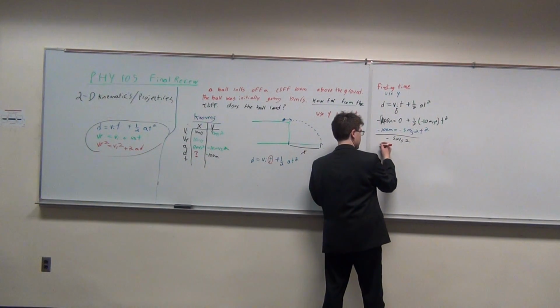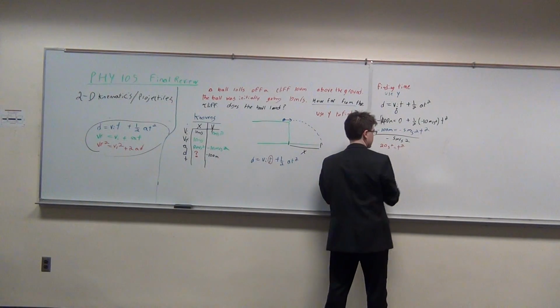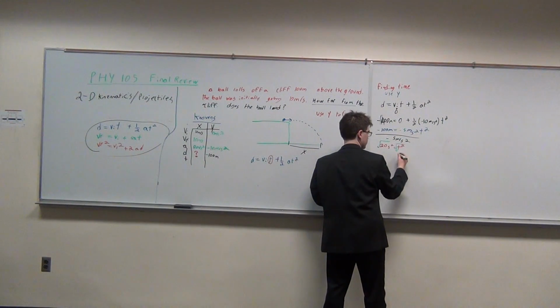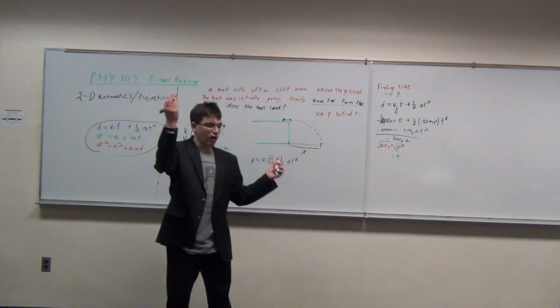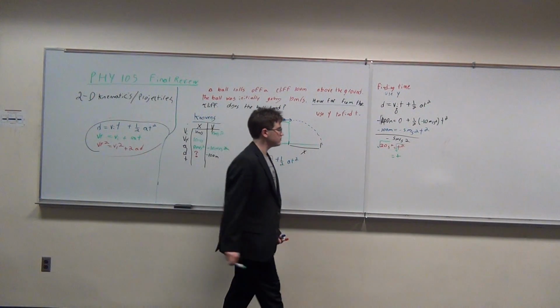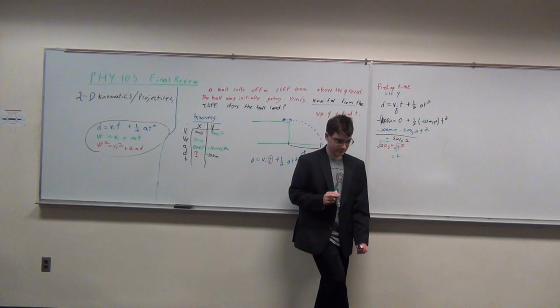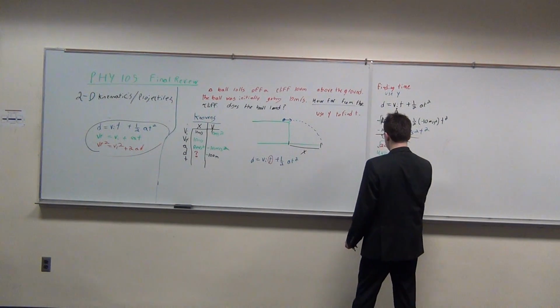And you get 20 seconds squared equals time squared. Square root. And how long does it take this ball to fall? Uh, 4.47 seconds. 4.47 seconds.